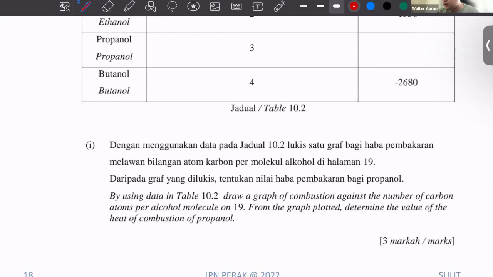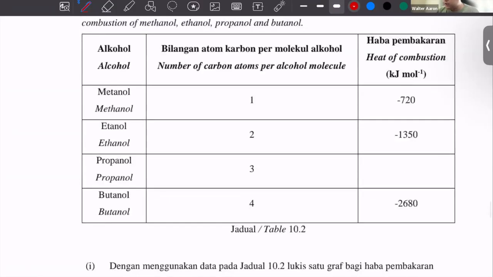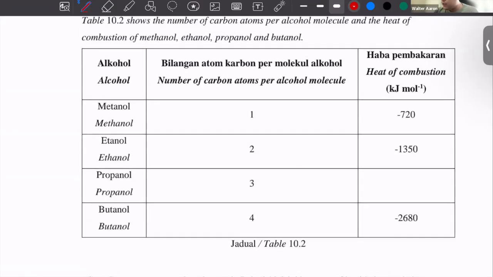From the graph plotted, determine the value of the heat of combustion of propanol. You notice that we have values for methanol, ethanol, butanol for the heat of combustion, but we don't have the data for propanol. So for propanol, you're supposed to draw the graph first, then trace back from the 3rd carbon atom and see where you get using the graph.